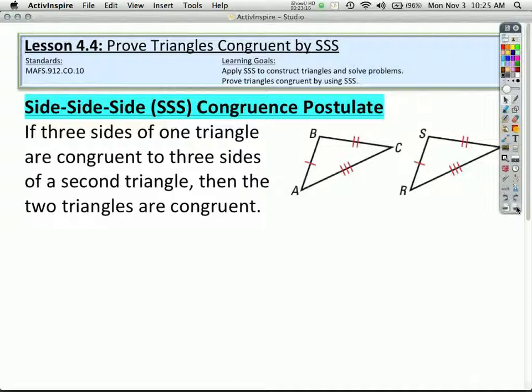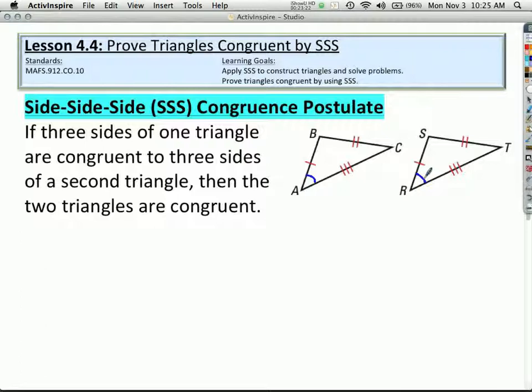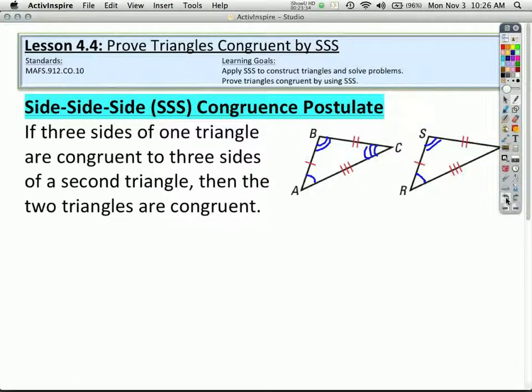Prior to today, we had to gather the 6 pieces of evidence, which included showing that, and that. So we needed the 6 pieces of evidence. We no longer need those pieces of evidence. We can just show by side-side-side that the triangles are congruent. Does anyone have any questions about that simple idea?